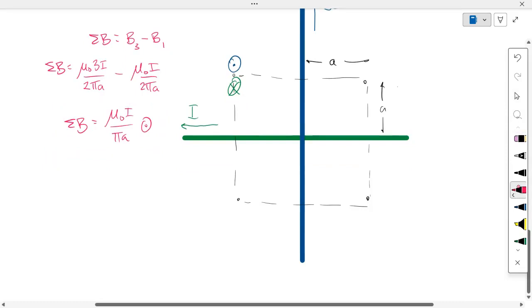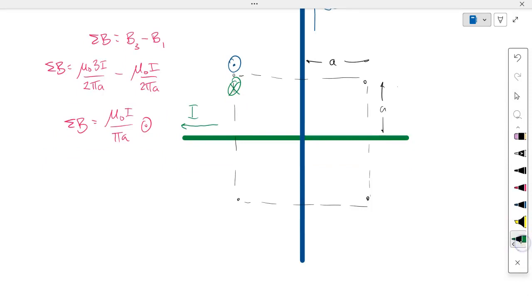How about down here? While we're at it, let's see. From the blue, still like this. From the green, right thumb, oh, also out. Maybe not a big surprise there. If above the green wire we're in, and then below the green wire, why would we not be outward?